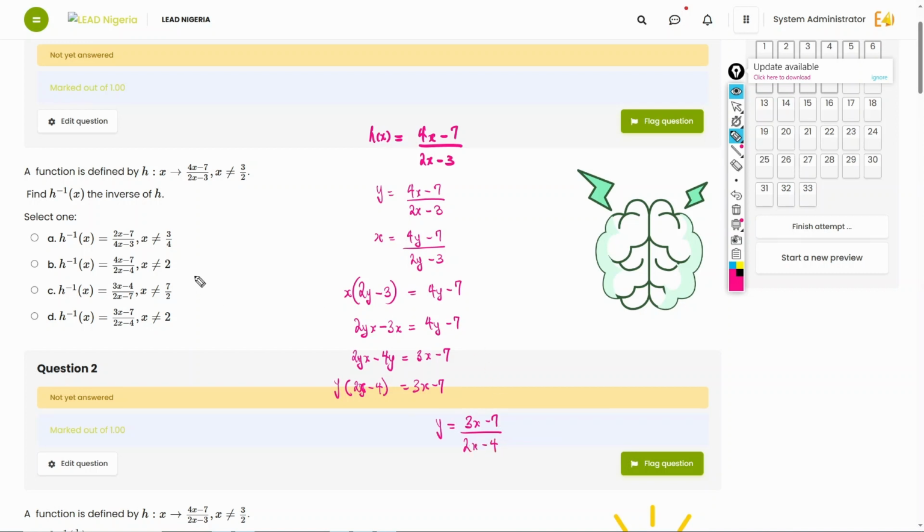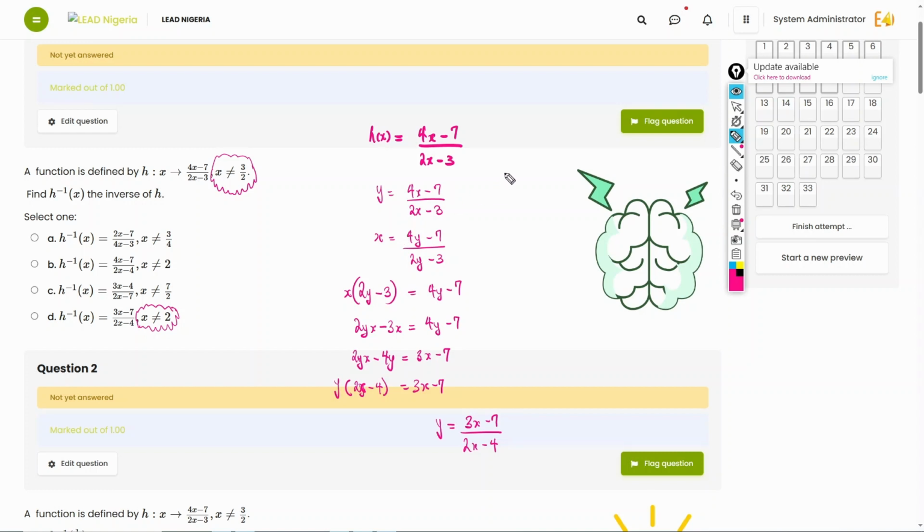Okay, the next question that pops up, just speaking a bit about why this restriction is here. You find these restrictions in rational functions that are like fractions, and the idea is that your denominator cannot be equal to 0. If your denominator is equal to 0, then the entire expression becomes undefined.